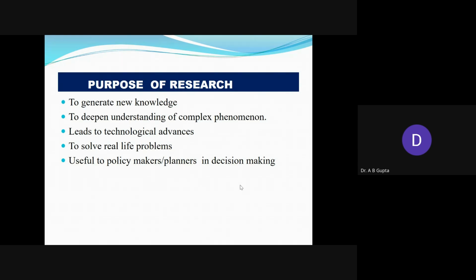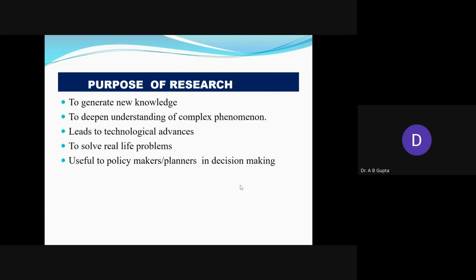You are using mobile, you are attending this program online, it is because of research. Chandrayaan 3 was able to land on the moon. We have put our feet on the moon. It is all because of research.